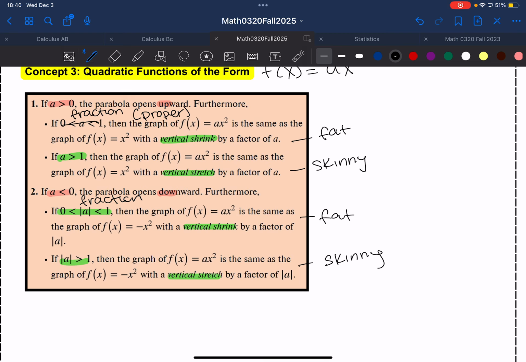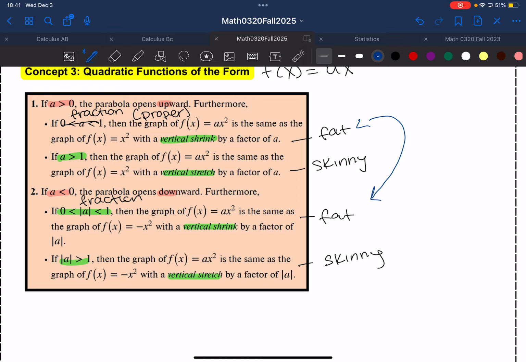So what do you notice here? Which ones are the same, even though the wording is different? Between 0 and 1, this one is the same. No matter if it's positive or negative, a fraction is still going to make a vertical shrink, which makes the parabola fat or wide.